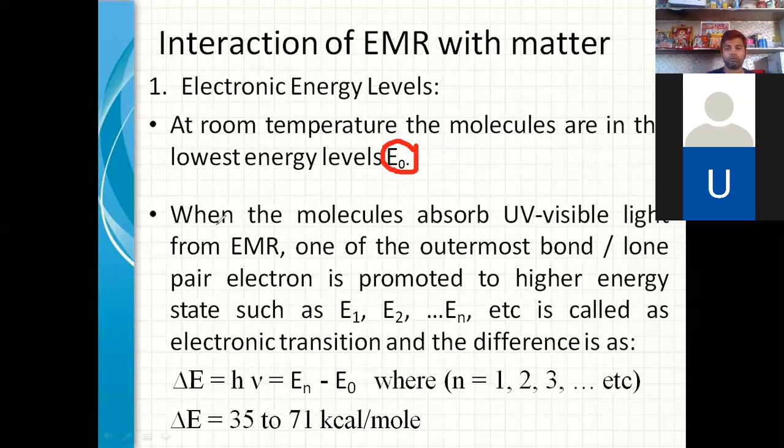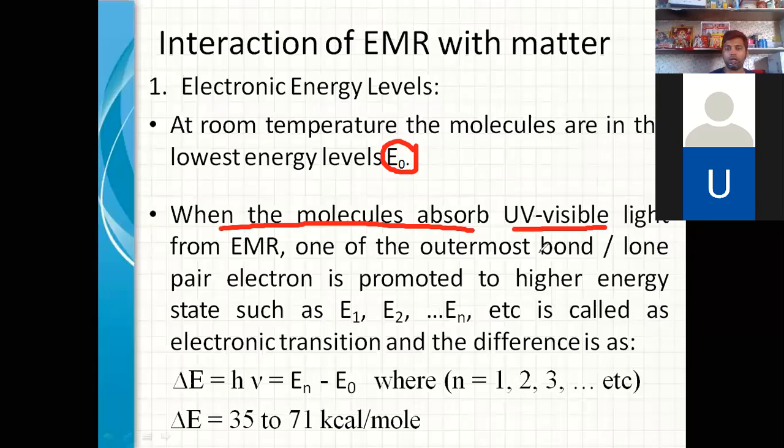When they absorb UV visible light, one of the outermost bond or lone pair electrons is promoted to higher energy levels or states such as E1, E2, and up to En. This is called electronic transition.